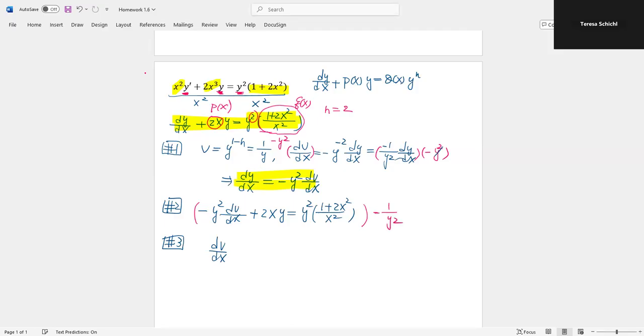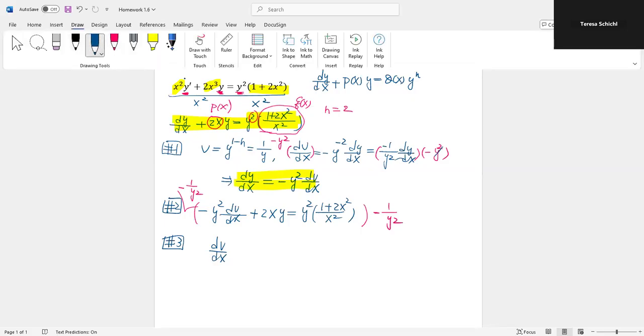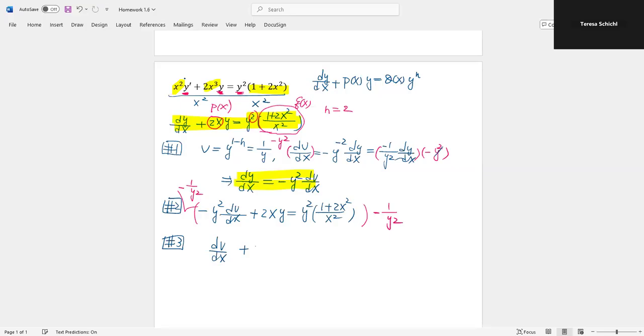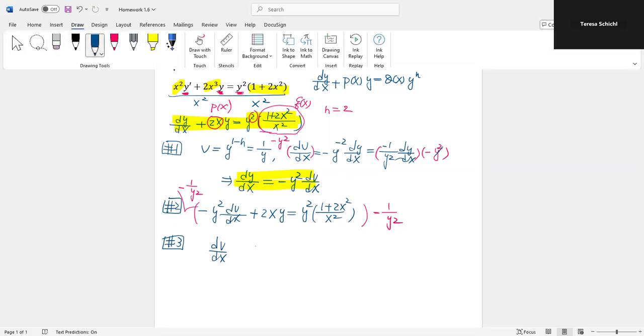So this cancels, and the plus and the negative become negatives. I need to be very careful about my algebra.